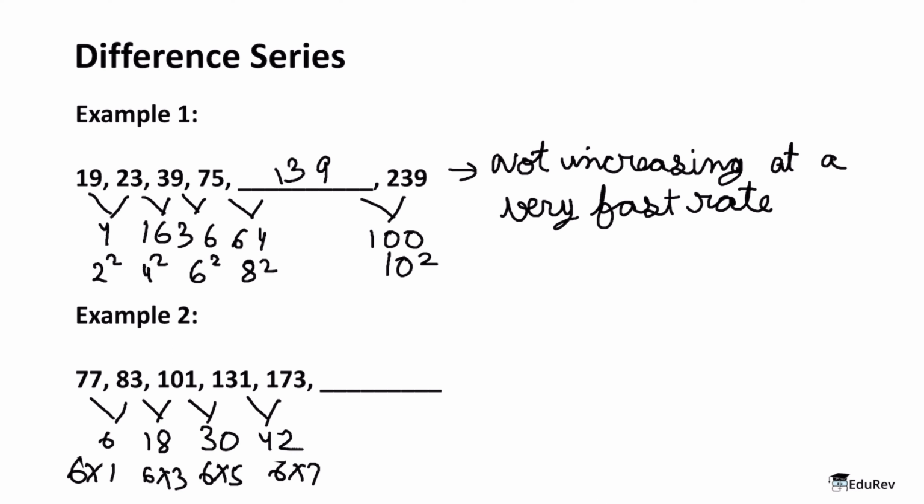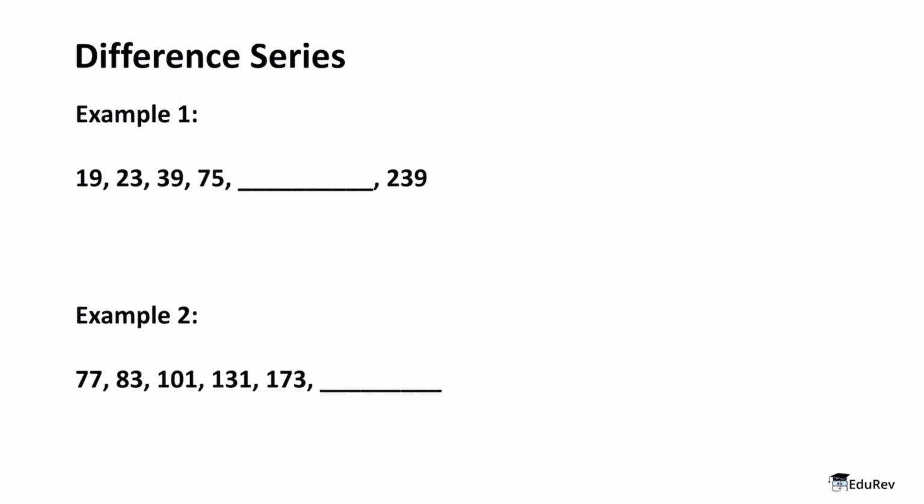So according to the pattern that we have just found, after 1, 3, 5 and 7 the next should be 6 into 9, which is 54. So therefore 173 plus 54 would be the answer, which is 227. So here the answer is 227.